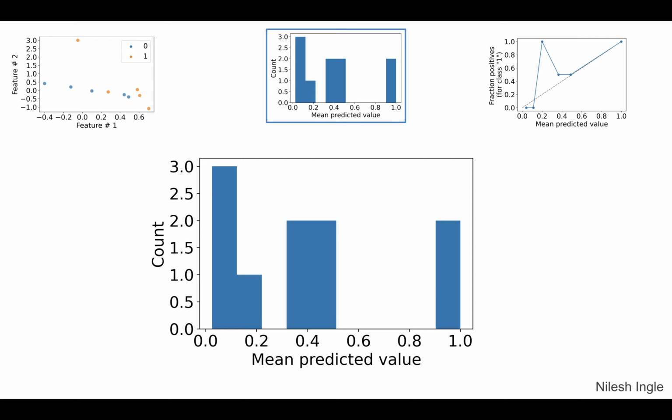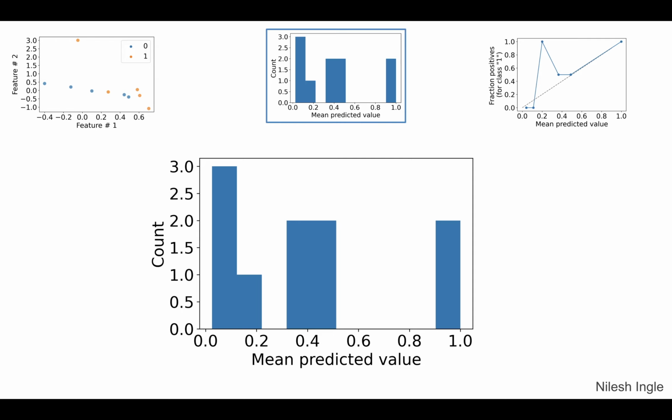Here the way this calibration is done is we take the probability values that are predicted by the classifier, then bin them into maybe 10 bins. So from 0 to 0.1, 0.1 to 0.3, and so on. Then in each of those bins, we find how many of the total true classes were true.